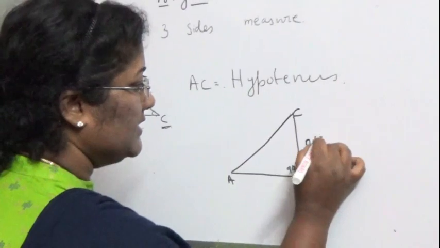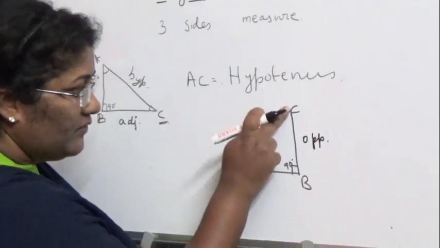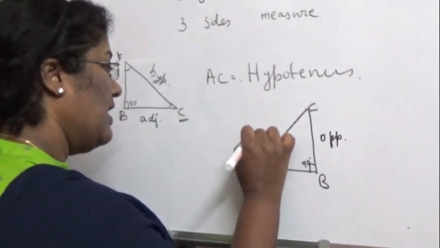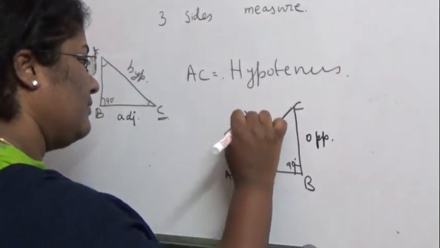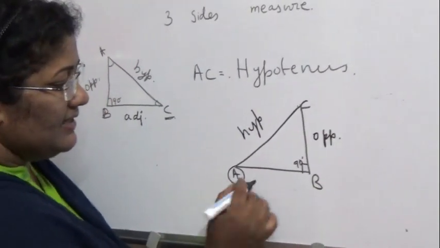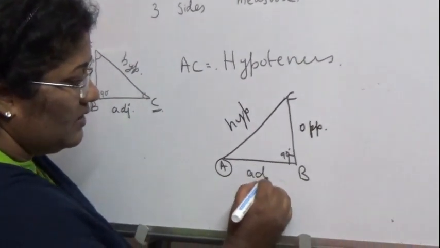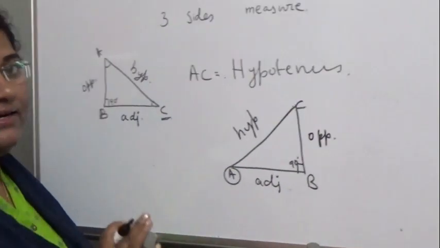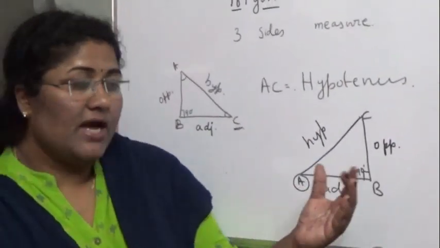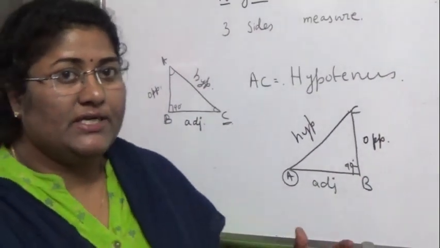First I write the largest side, which is the hypotenuse, and the adjacent side of this angle is AB. First we have to practice which side is opposite, which side is adjacent and which one is the hypotenuse.